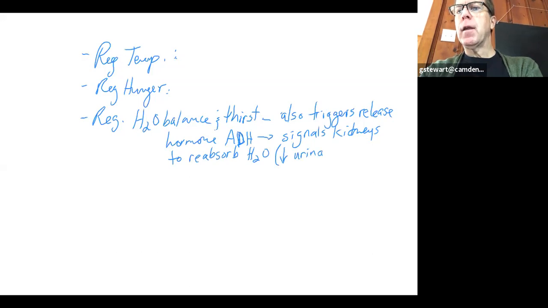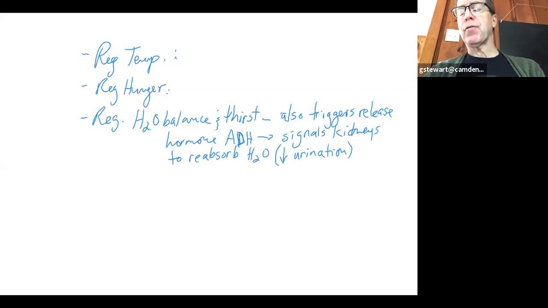The reason, here's the deal. When we are dehydrated, we haven't had fluid intake for a long time or for a while, we not only feel thirsty, which is a feeling that comes from the hypothalamus causing us to intake more fluid, but the hypothalamus also triggers the release of this hormone, ADH, antidiuretic hormone, and that tells the kidneys not to urinate as much.